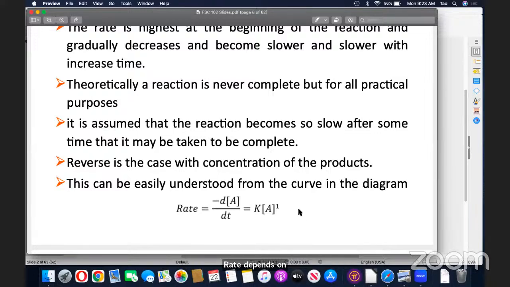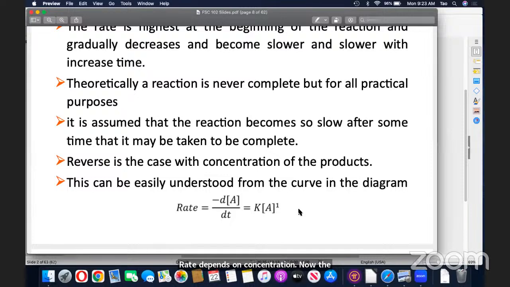Now, the formula for determining the rate of a reaction, or the rate equation, this is actually called the rate equation. This is not the formula. I won't call this the formula for determination of rate of reaction, but we call this the rate equation, or the differential rate equation.